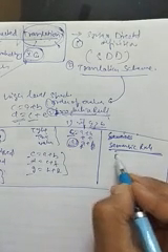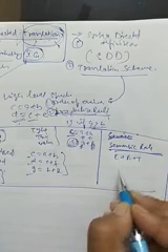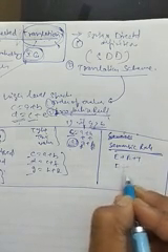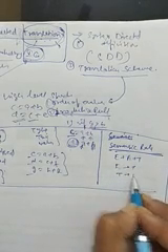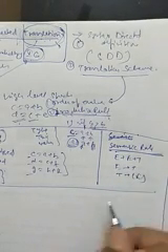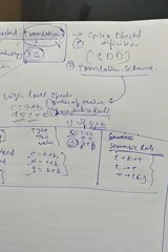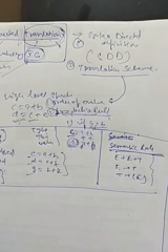For example, there is a grammar E to E plus T, or E to T, T to E, such type of things. There is a production. So semantic rule defines what the definition of the attribute is.